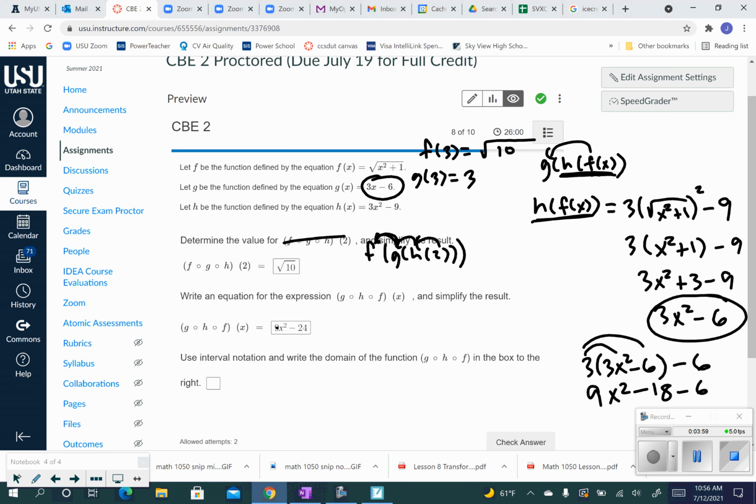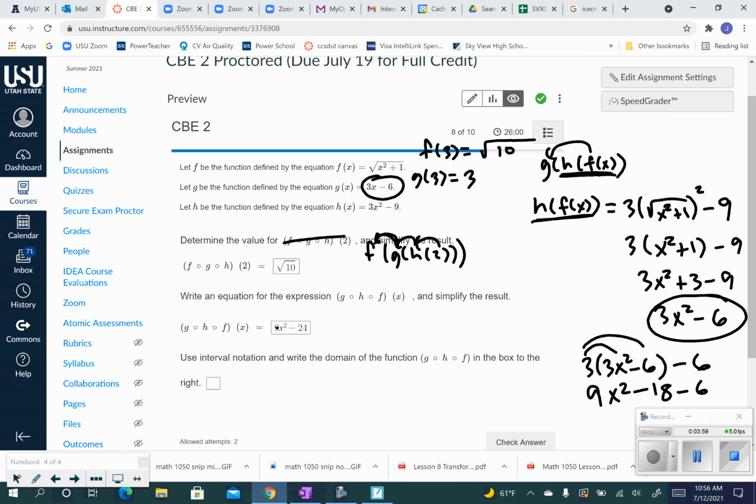That's a little bit tricky. f has a square root, so we always said that inside, x squared plus 1 has to be greater than or equal to 0. Well, it's always greater than or equal to 0, no matter what I put in for x, because if I put in a negative and square it, it's going to be positive, and a positive plus 1 is never going to be less than 0. So anything works when we plug it into f.